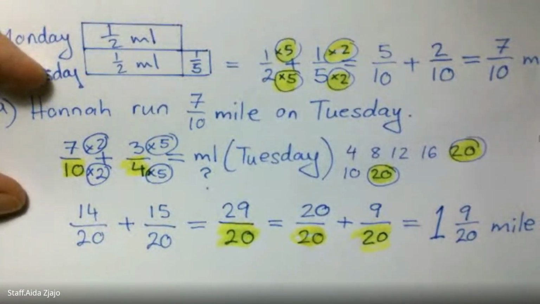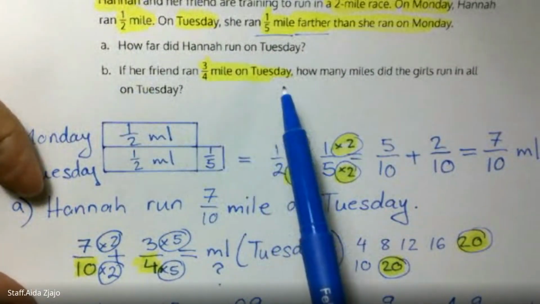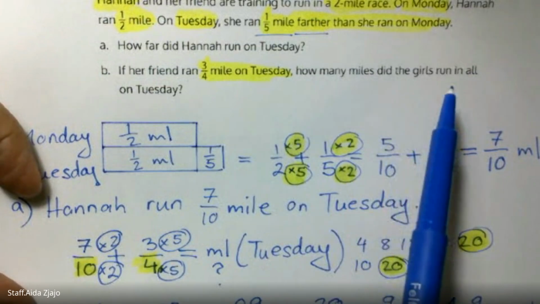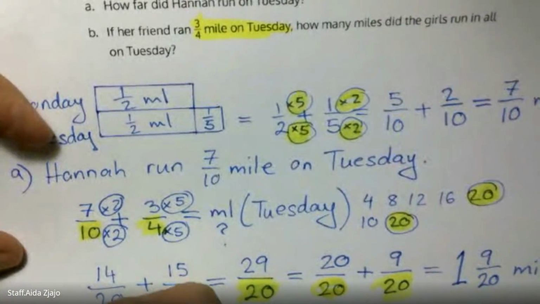So we have to answer in a word sentence. If her friend ran 3/4 mile on Tuesday, how many miles did the girls run in all on Tuesday? So B, answer.